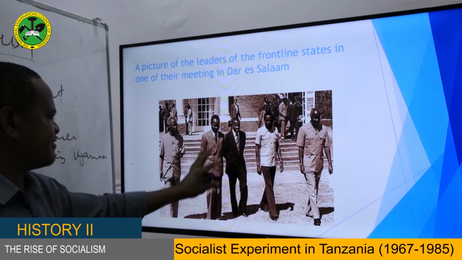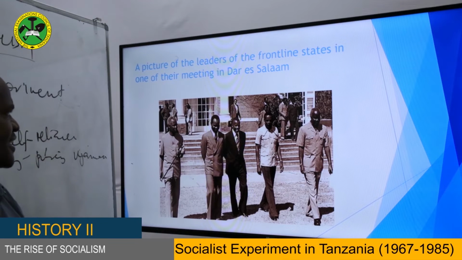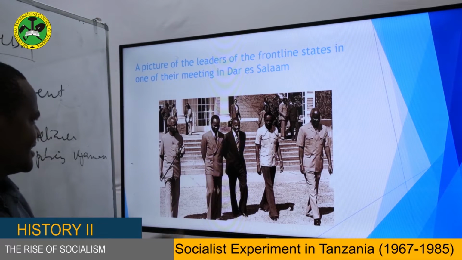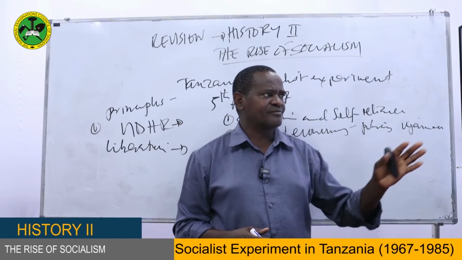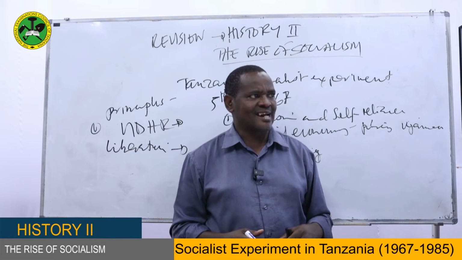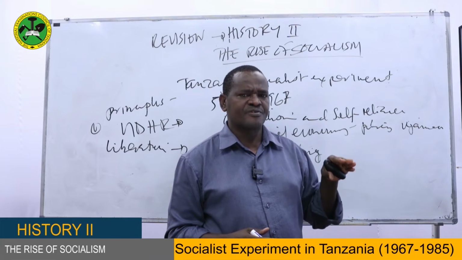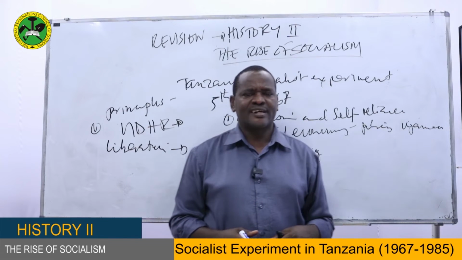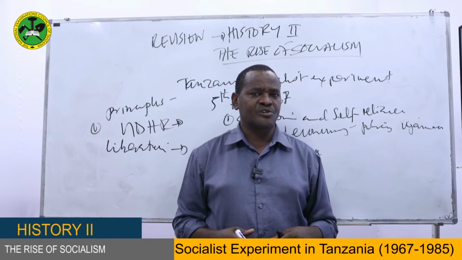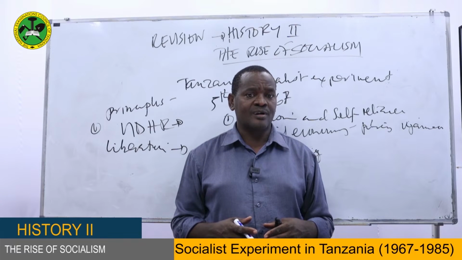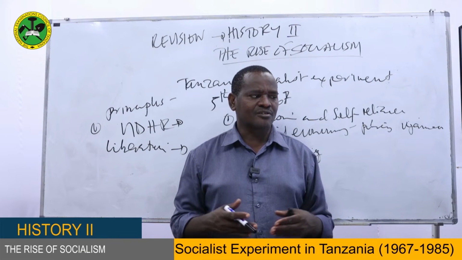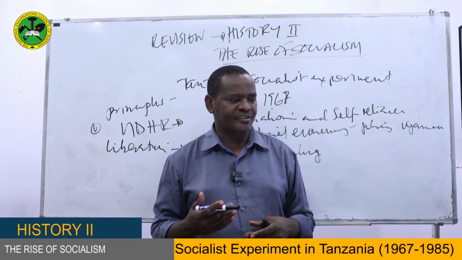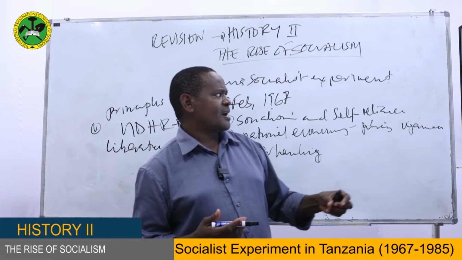And these were the 5 leaders of the 5 frontline states coming out from the meeting. And this is demonstrating to what extent Tanzania came forward to support the liberation movement as a way of fulfilling one of the very important principles or essence of the Arusha Declaration, which, as I said, is that they believed Tanzania will not consider herself independent until all African countries are independent.